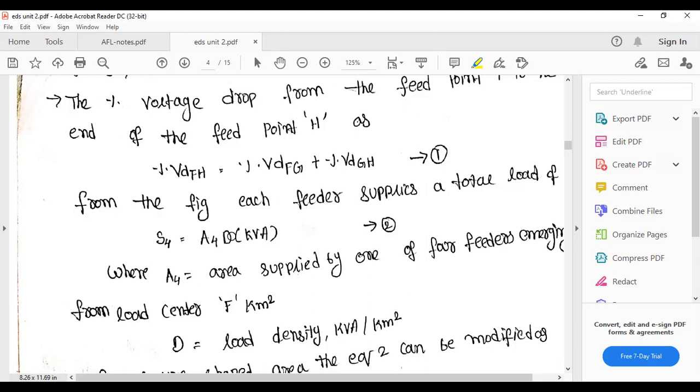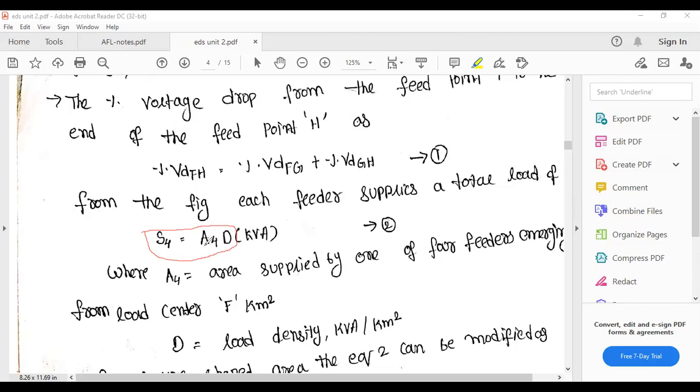This is the power each feeder supplies, in units of kVA, kilovolt amperes.